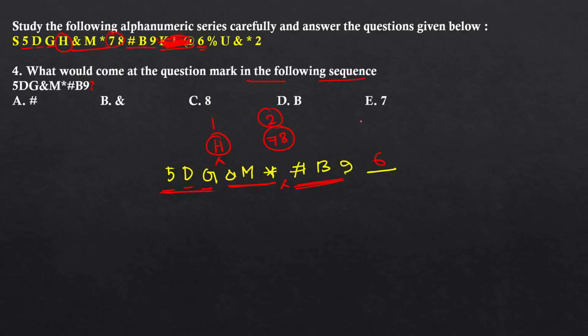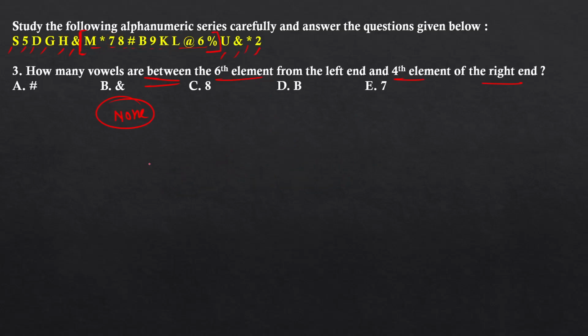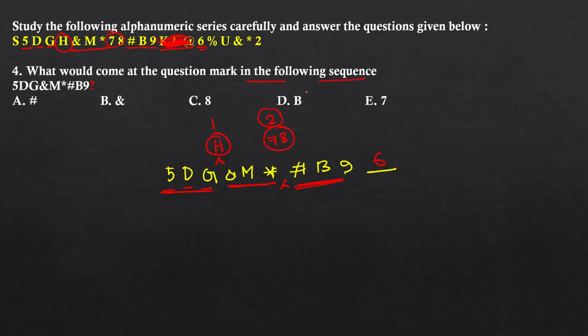The answer should be 6. I made it wrong, wrong options, right? Anyway, I think you got it. Both of you got it.